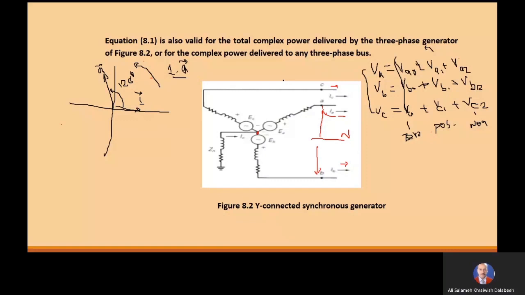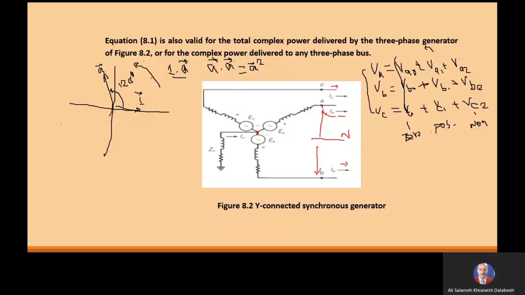So, also, if we multiply the vector A by the vector A, which means we have A squared, the same concept is valid.